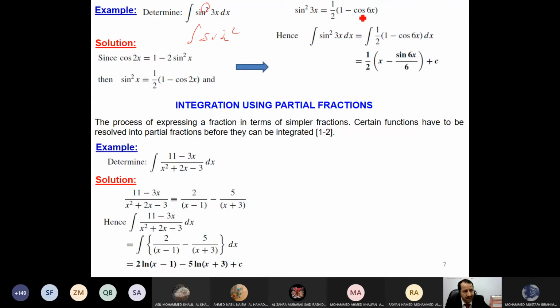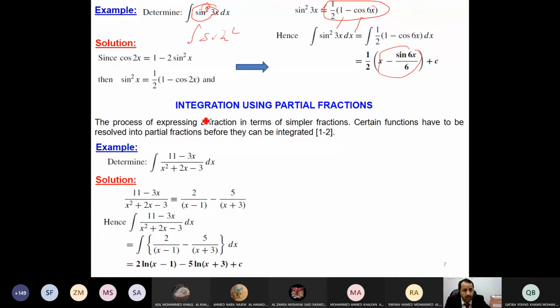It means 1 over 2, 1 minus cosine 6x, because 2 times 3 is 6x. Now when I substitute for this part by this part, it is easy to integrate, because integration of 1 is x. Integration of cosine is sine, right? 1 over 6 sine. So directly I got the result. The table helped me to find the integration.